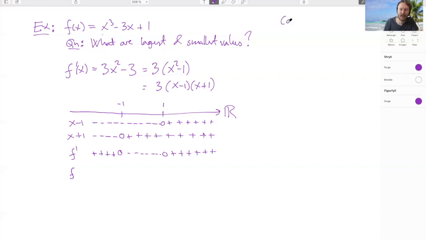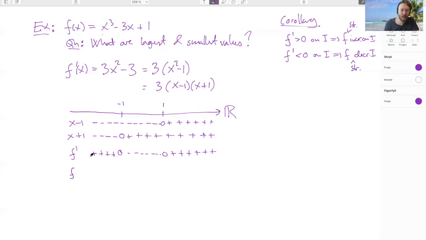To do this, I use the corollary of the mean value theorem, which says that if the derivative of f is positive on some interval I, this means f is increasing on I. And similarly, if the derivative is negative on some interval I, then f is decreasing on I. And here I should say strictly decreasing, and here strictly increasing.